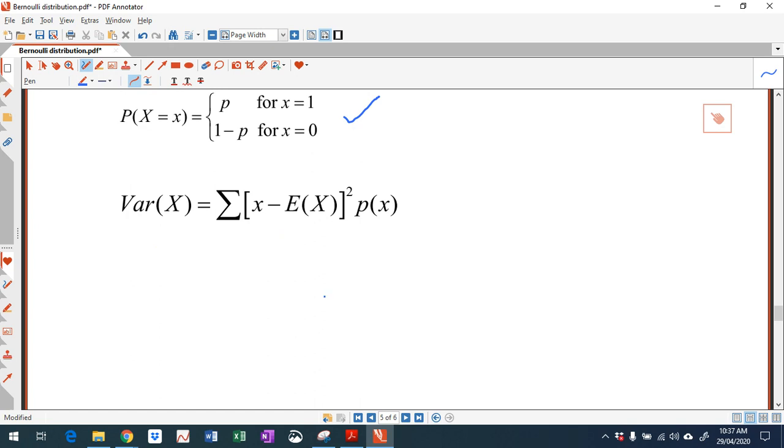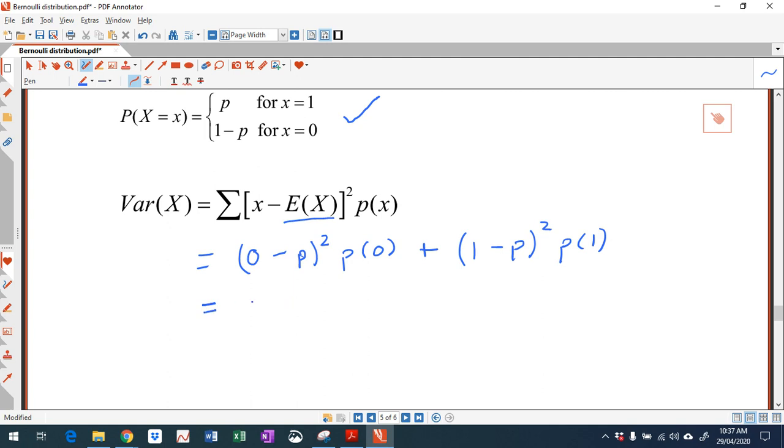We'll start off with looking at the case when x is 0. So you're going to get 0 minus E of x, your expected value, which we said was equal to p. So you have 0 minus p, all squared, times p of 0, plus, the next value was 1 for x, minus p, all squared, times p of 1.